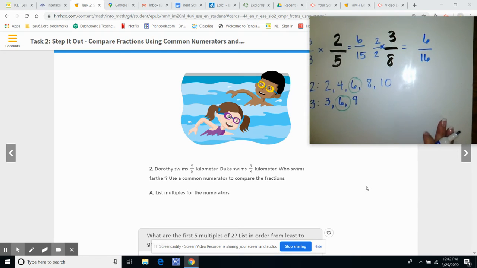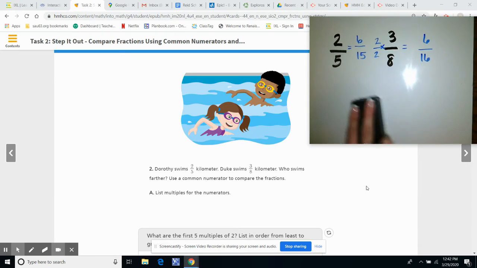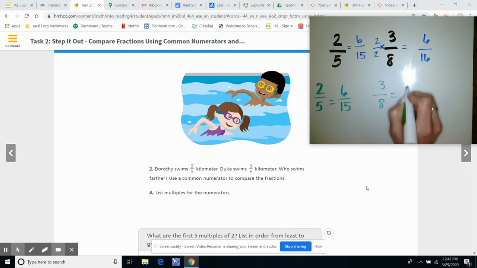So now we have our 2 new fractions. 2/5 is equal to 6/15. I'm going to erase this so you guys can see it. Okay, let me rewrite it. So we know that 2/5 is equal to 6/15, and that 3/8 is equal to 6/16.